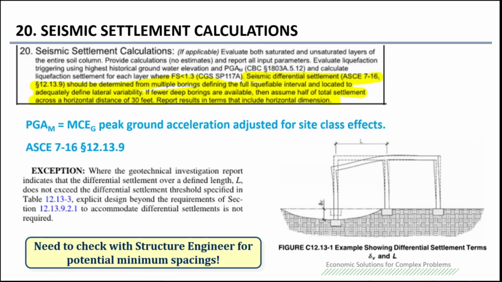I think item 4B made the assumption that the minimum spacing of columns is 30 feet. So sometimes you need to double check with the structural engineer whether this assumption is correct or not. Sometimes the spacing may be less than that.